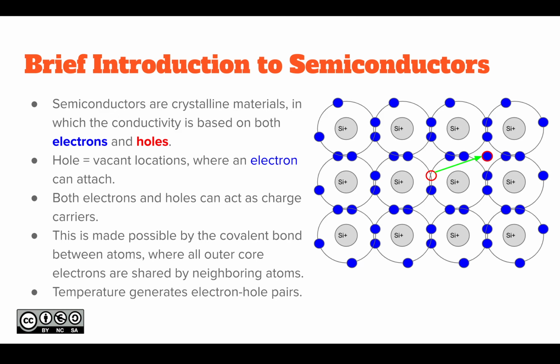Okay, semiconductors. They are not conductors, and they are not insulators either. Semiconductors overall are crystalline materials. This crystal shape is more or less a must, because the semiconductor material has all of those vacancies filled by electrons, and the atoms are sharing all of their outer core electrons.